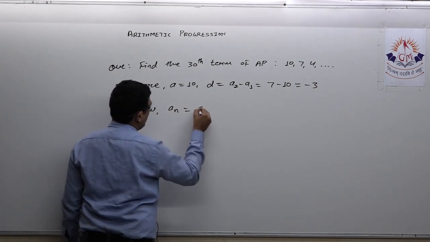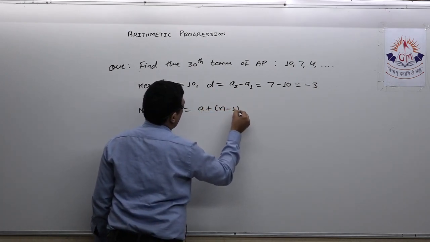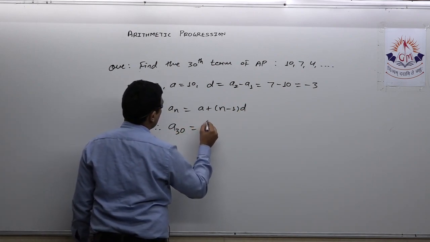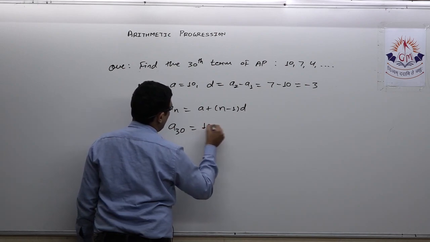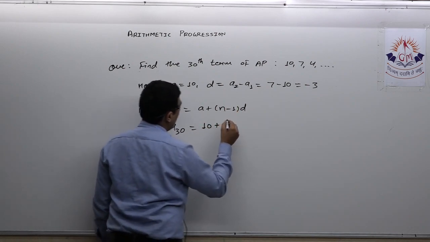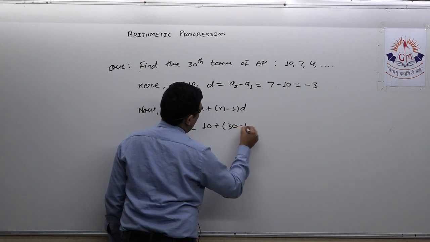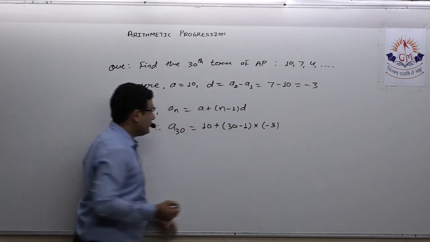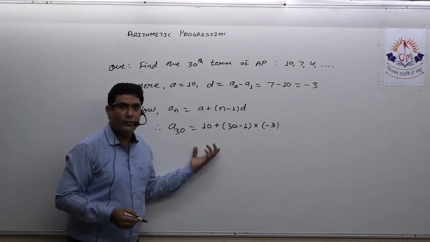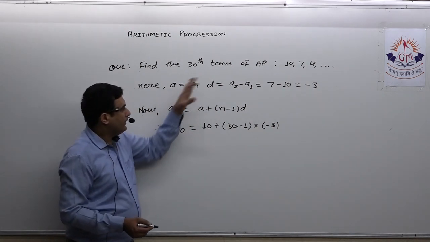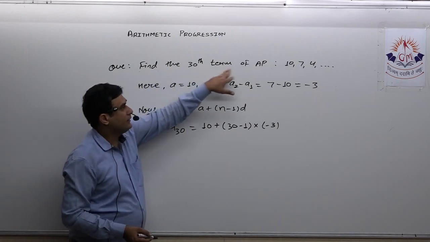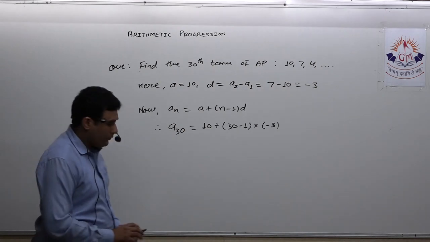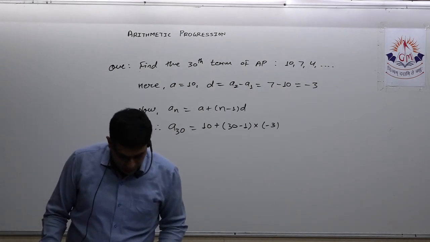Now An is equal to A plus (n minus 1) into D. So A30 is equal to, in place of A I will put 10, in place of n 30 minus 1, and in place of D, minus 3. So a similar question we already saw. Over there the framing of the question was different, and over here they are directly asking the 30th term of the AP. I'm leaving the calculation part for you. Now we'll come to the next question.